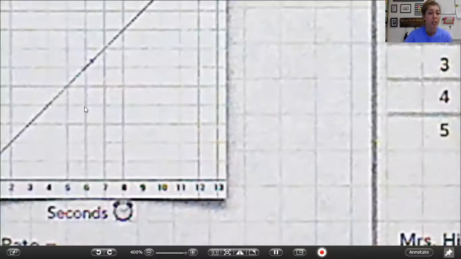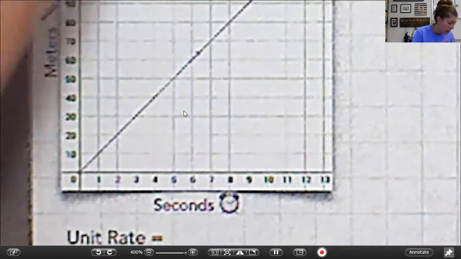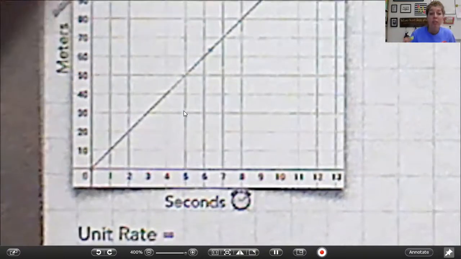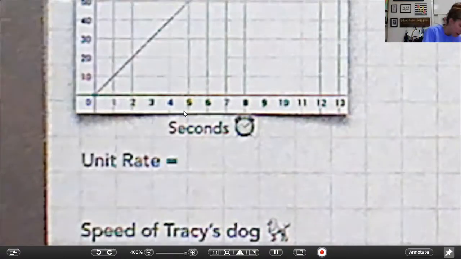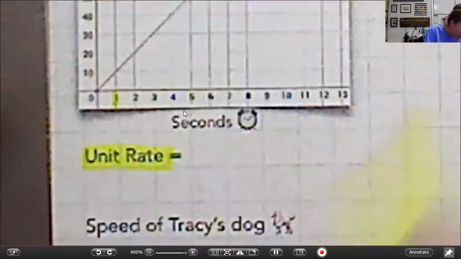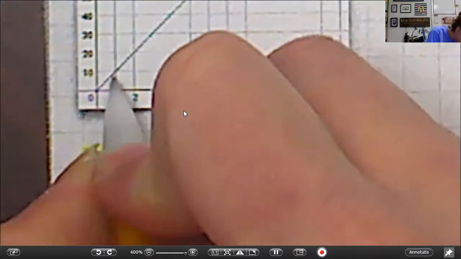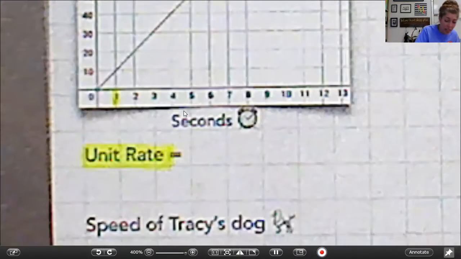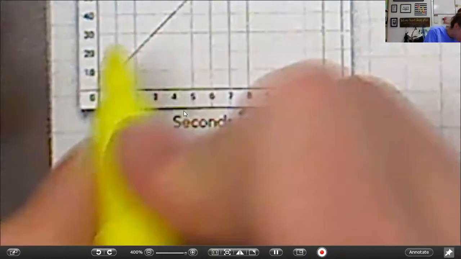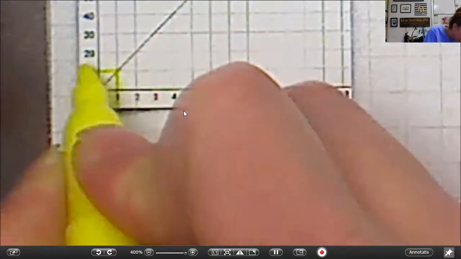So let's look at the graph first. Again, I'm gonna zoom in here. But if I look at this graph, I need to find the unit rate. And on the graph, that unit rate is where I find the number 1. So just like before, I'm gonna go up and then I'm gonna go over. Oh, good, and it's on a beautiful number for us. It's right at 10.